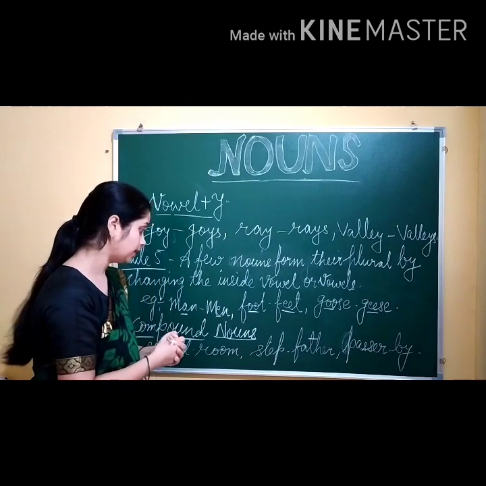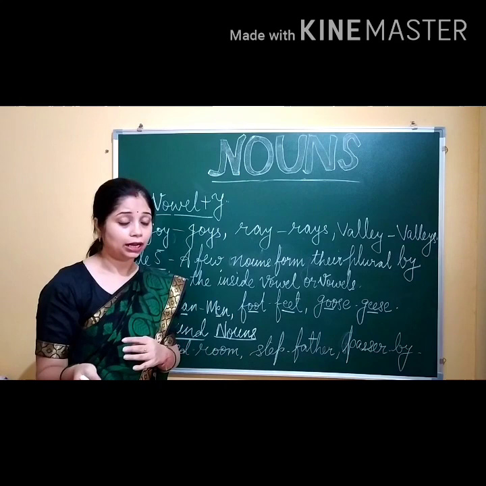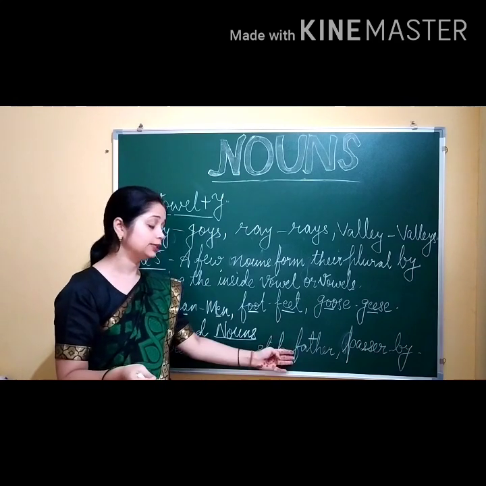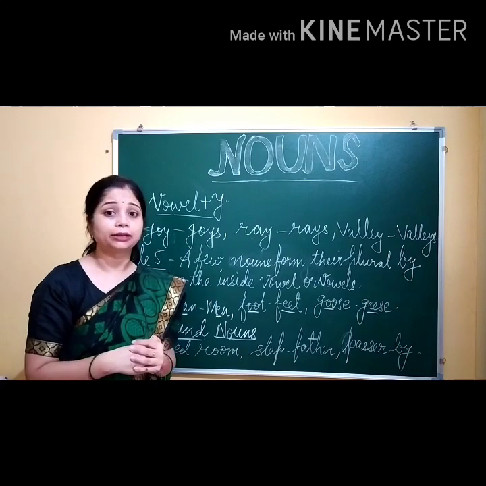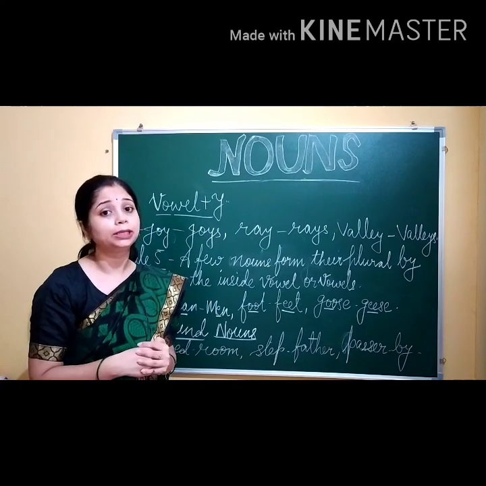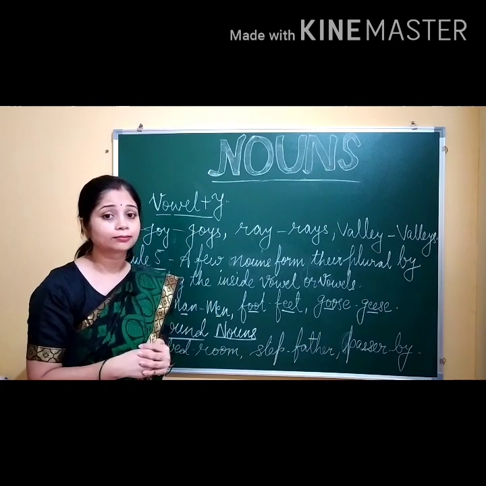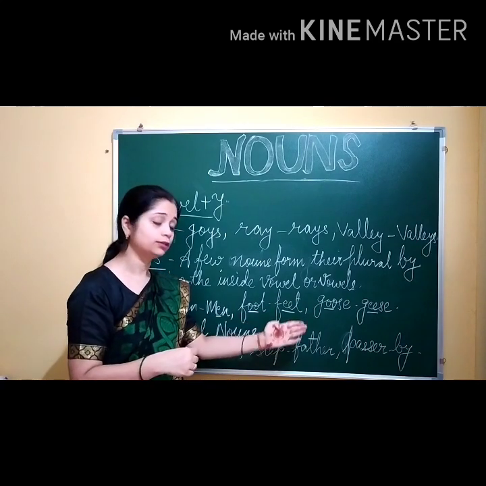In the same way, step is a word, father is a word, and when we add step and father, it gives you a completely different meaning. In the same way, passer-by.